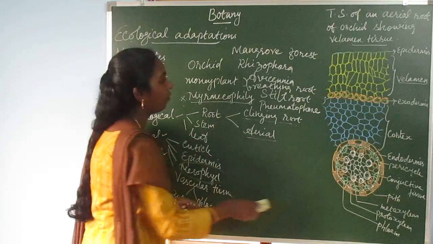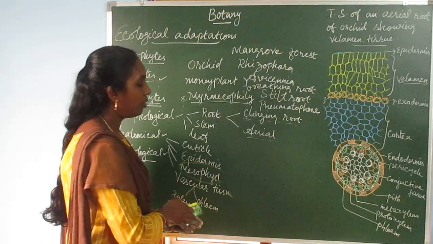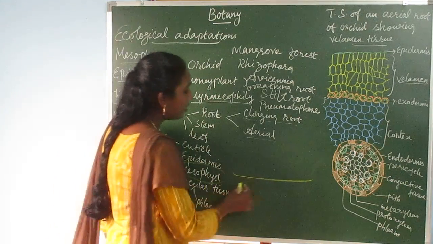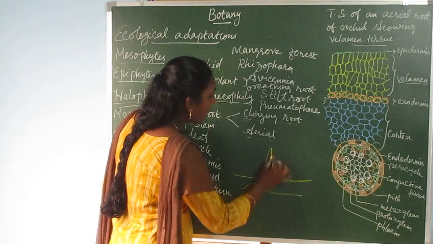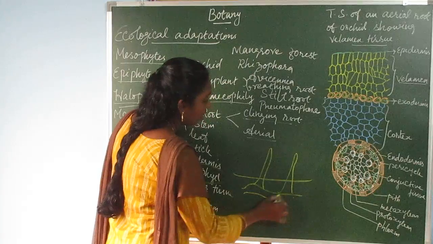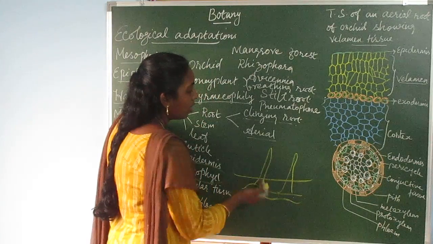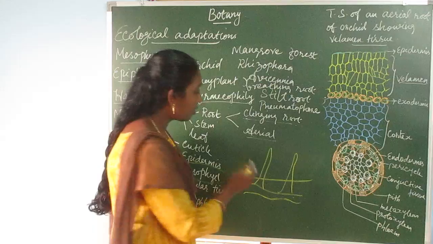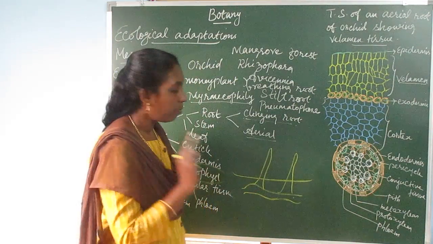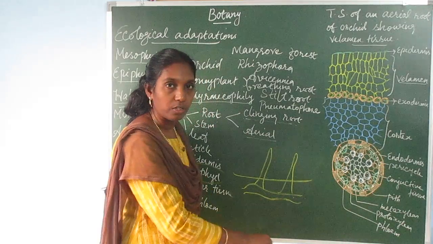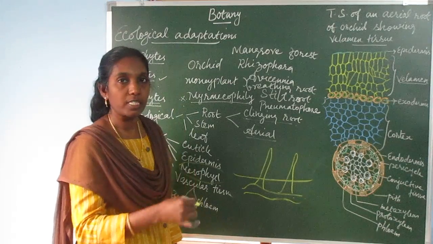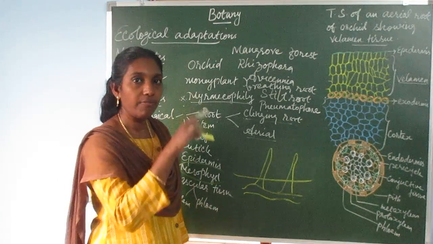Breathing root or pneumatophore: here there is a normal root, and in addition to this normal root, some aerial roots develop. The normal root grows positively geotropic, towards the soil, and negatively phototropic.